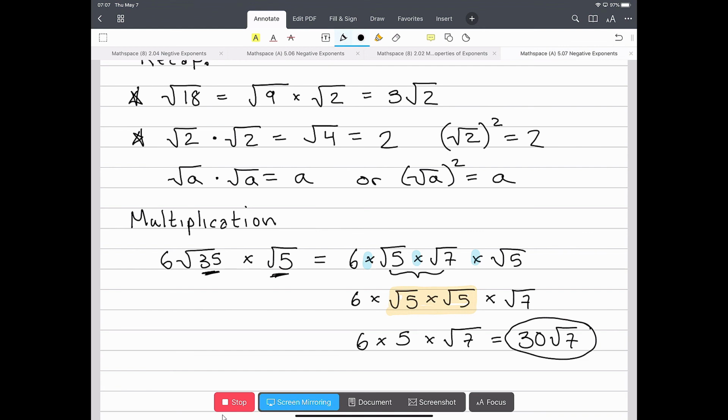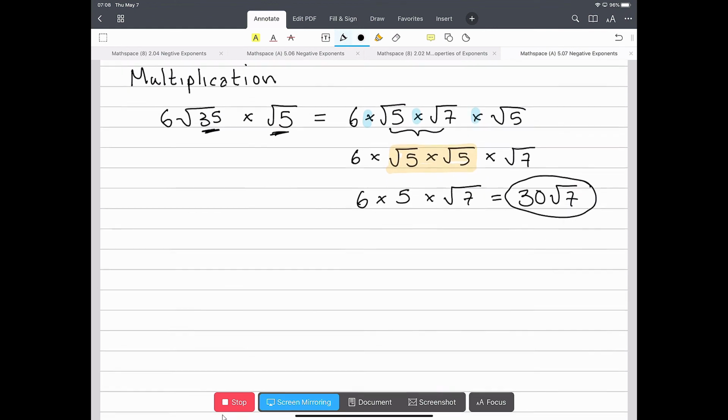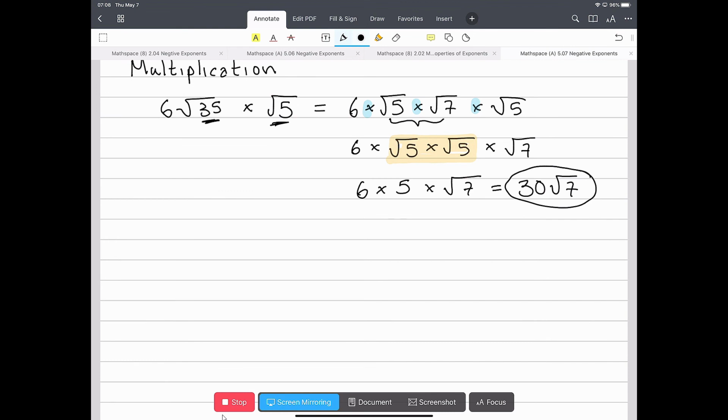And this works nicely even if there's no perfect square factors of a square root. We'll try one more. We have 3 multiplied by the square root of 22 times the square root of 11. So immediately I see that 22 can be expressed as 11 times 2.